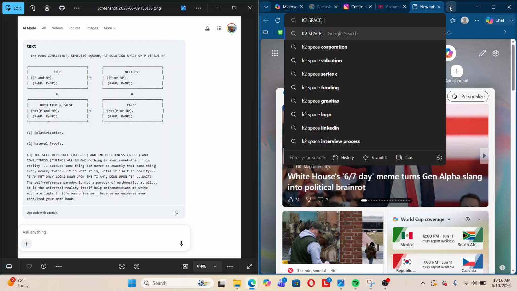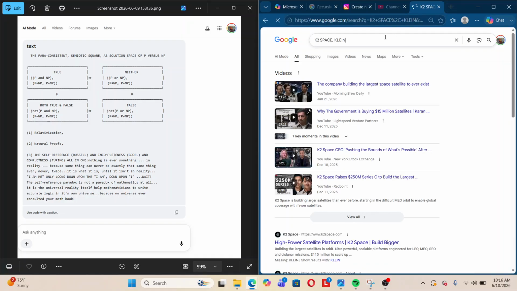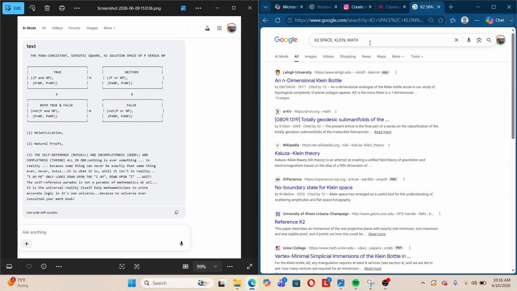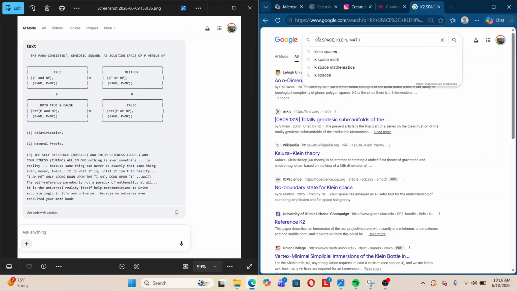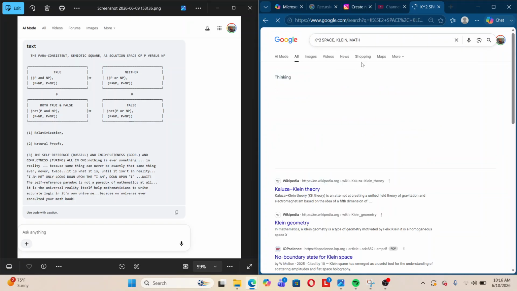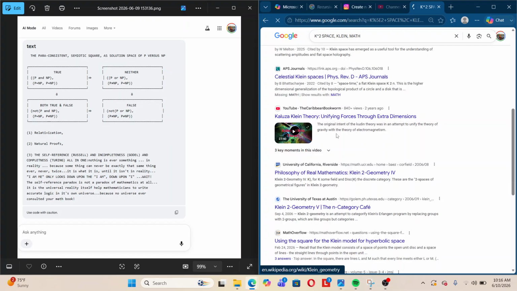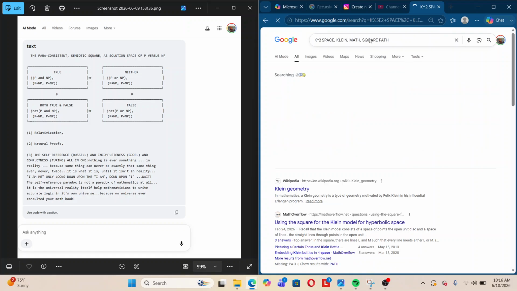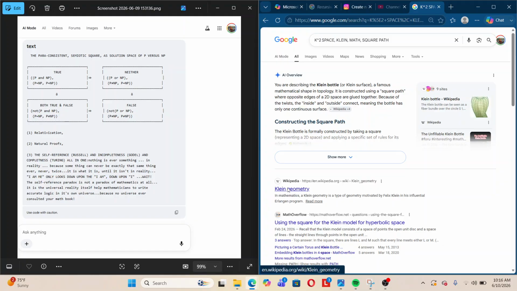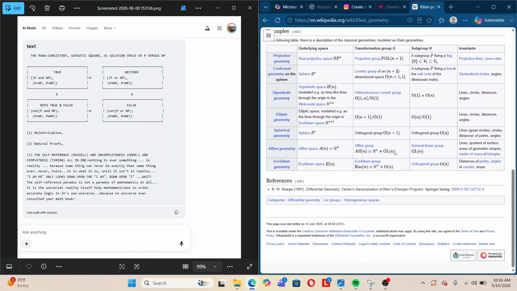Okay, there's a reason why the polynomial breaking time, including the SETH, is 2, okay? They probably took it down. Square path, Klein geometry, okay? Bet you they took this down.